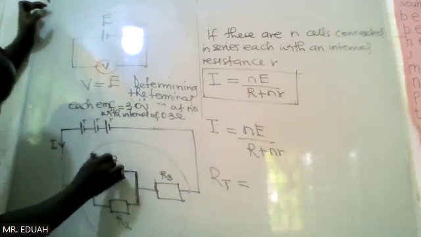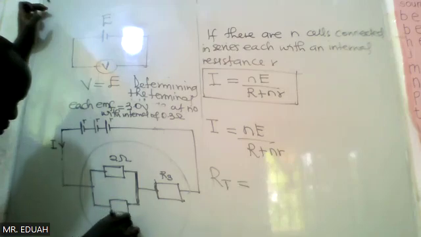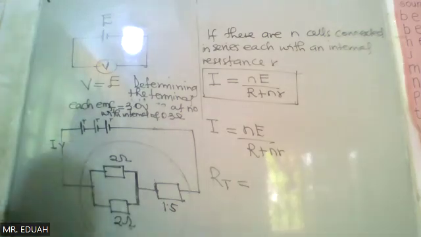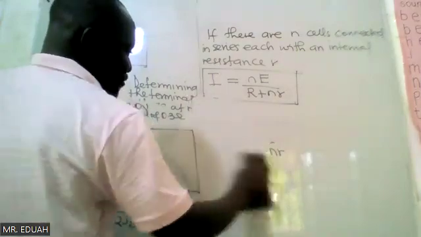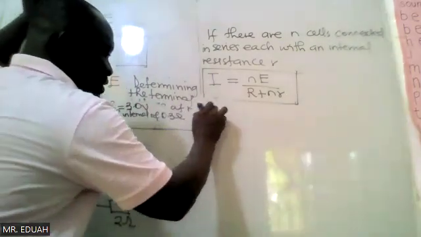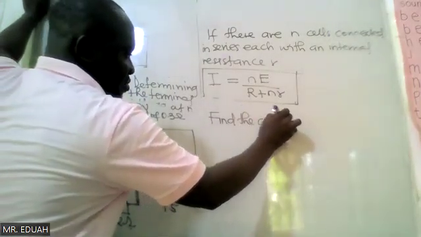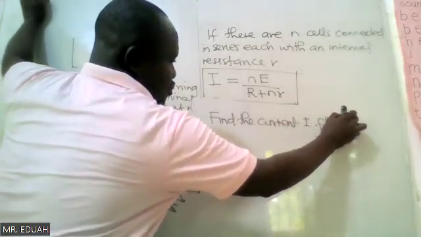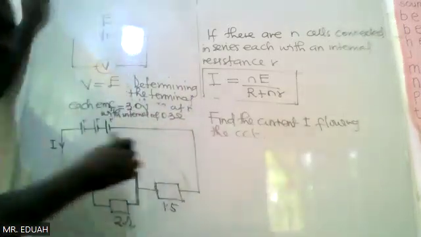If this is 2 ohm, this is 2 ohm, this is 1.5. Find the current flowing through the circuit. That's the question. Find the current I flowing through the circuit. Make me proud.